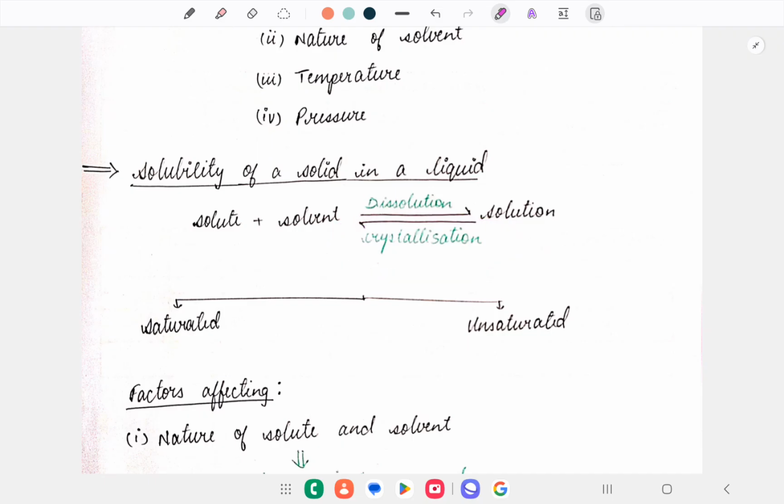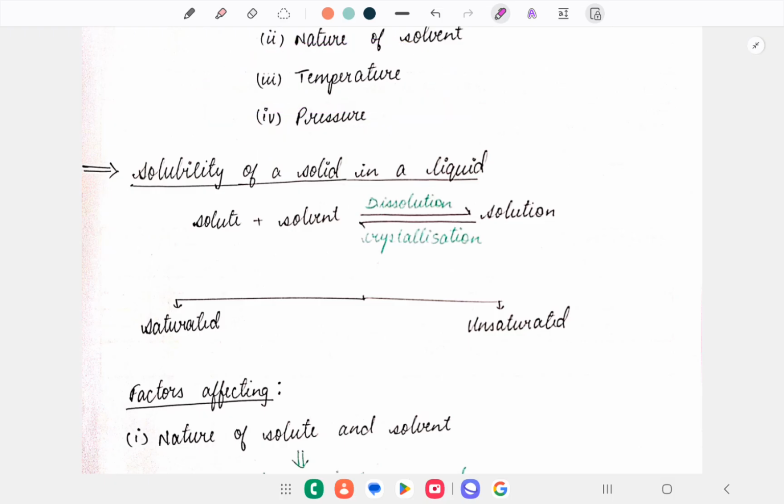A stage is reached when the number of solute particles going into the solution is equal to the number separating out of the solution. These two processes occur at the same rate, and hence a state of dynamic equilibrium is reached. At that stage, the concentration of the solute in the solution remains constant under the given pressure and temperature.